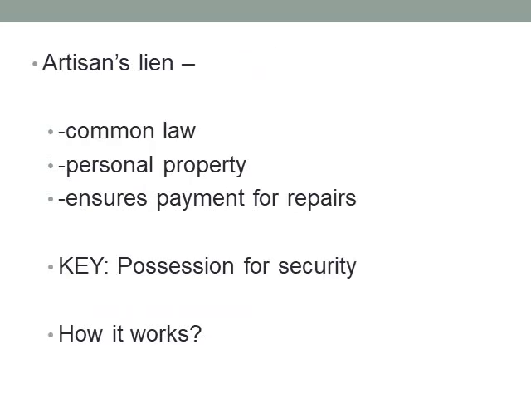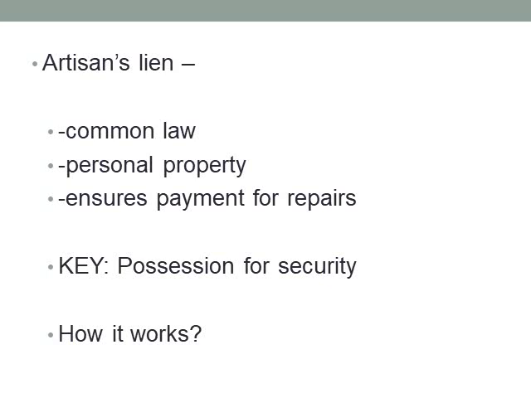Then we have the artisan's lien, which is created by common law, which means it can differ from state to state. It occurs when one repairs or improves personal property for another and retains possession of that personal property. So it's a possessory lien, because they have to retain the property as security for payment for the services performed.